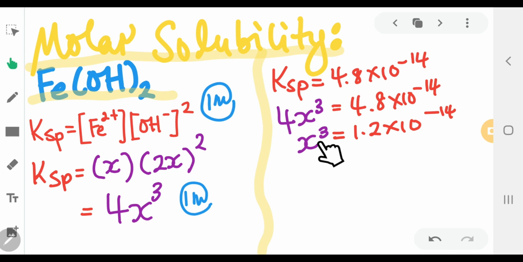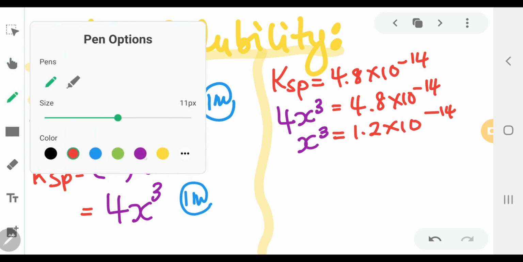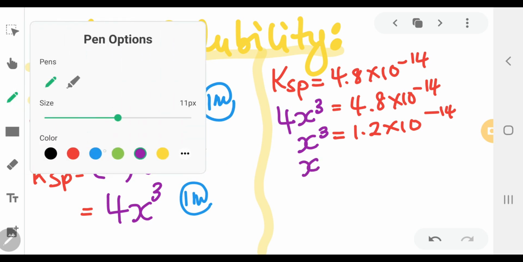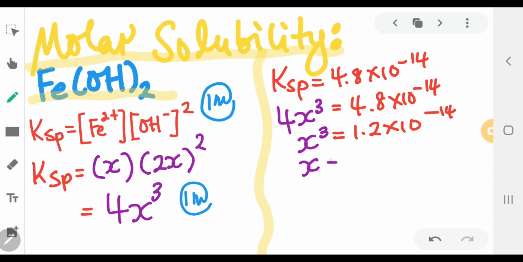And then to solve this value of x, simply use your calculator. You should be able to get x equals 2.3 times 10 to the power of negative 5.